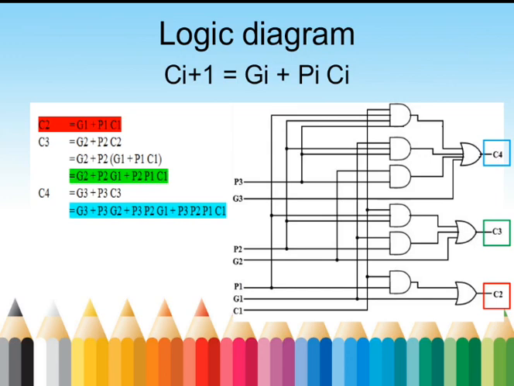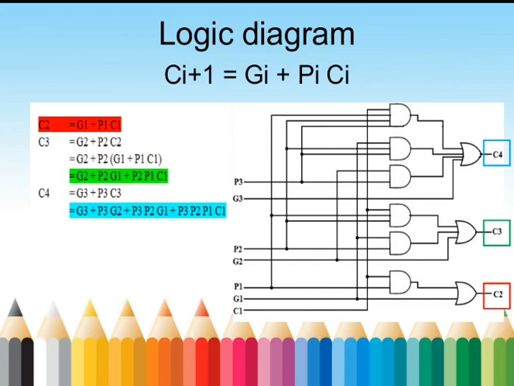Similarly, C4 can be expressed as G3 plus P3 into C3. We know the value of C3. So if we replace it, C4 can be expressed as G3 plus P3 into G2 plus P3 into P2 into G1 plus P3 into P2 into P1 into C1.